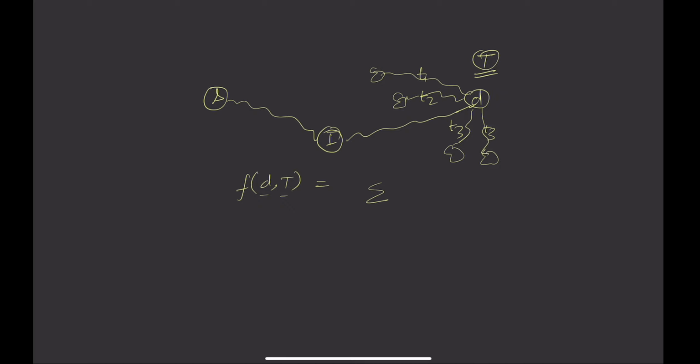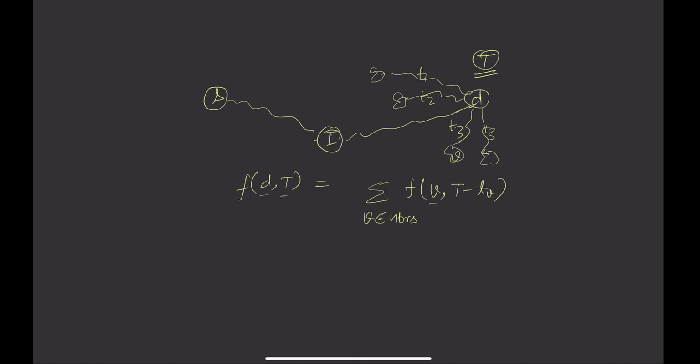That means sigma over all the nodes v belonging to the neighbors of u, of the ways to reach v in time t minus the distance of the edge between u and v.